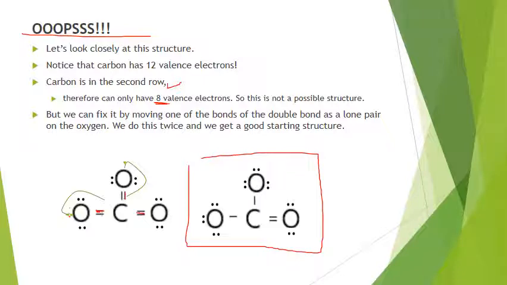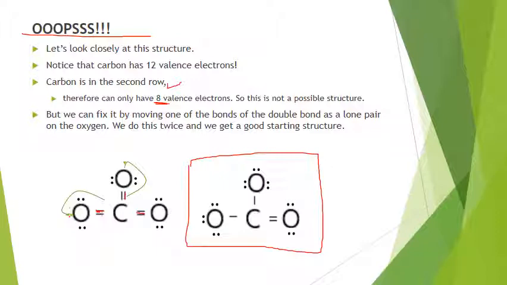We could do that for 2 of them, and we'll see that we have a structure now that fits the bill and doesn't break any rules. Carbon has 8 electrons in the outer shell. So when you come up with the structure, especially if it's second row, you may have to manipulate the method.